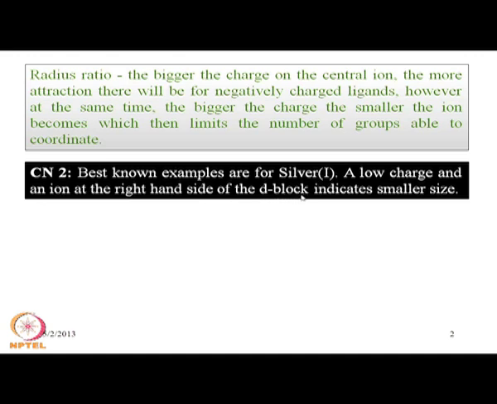The right hand side d block elements can provide us only some low coordination number because the charge is less. So, when we talk about compounds of silver 1, gold 1 or mercury, we can have only a coordination number of 2.